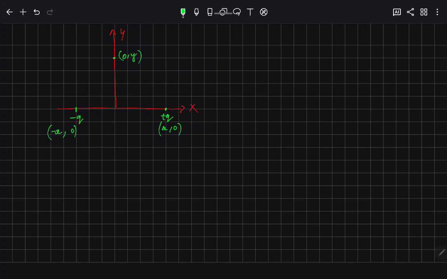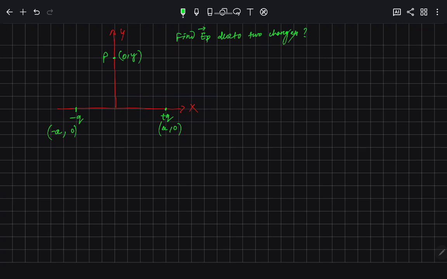You have to find the electric field at this point P due to the two charges. So you can find this one. Okay, just try.